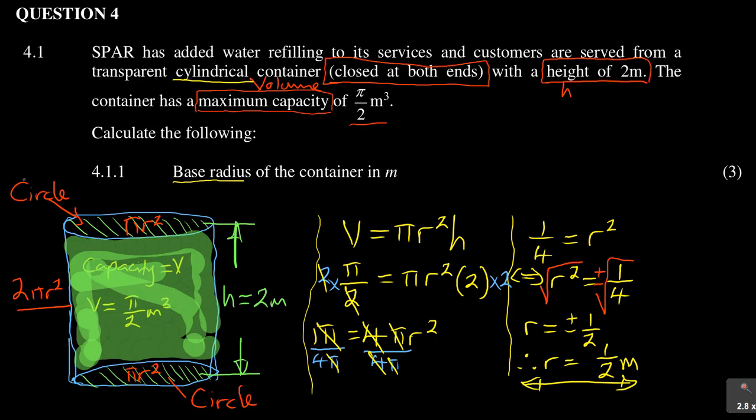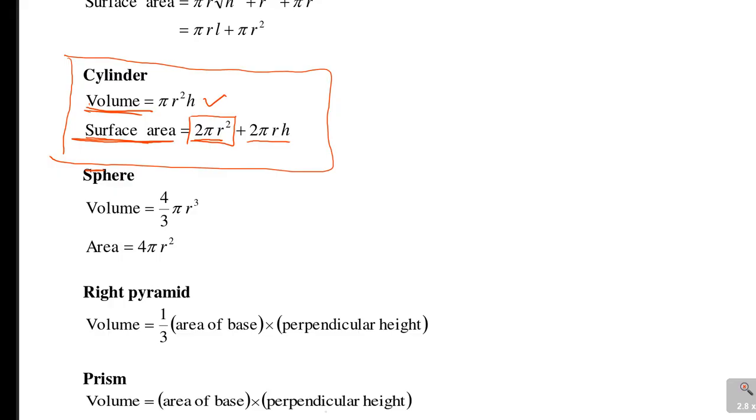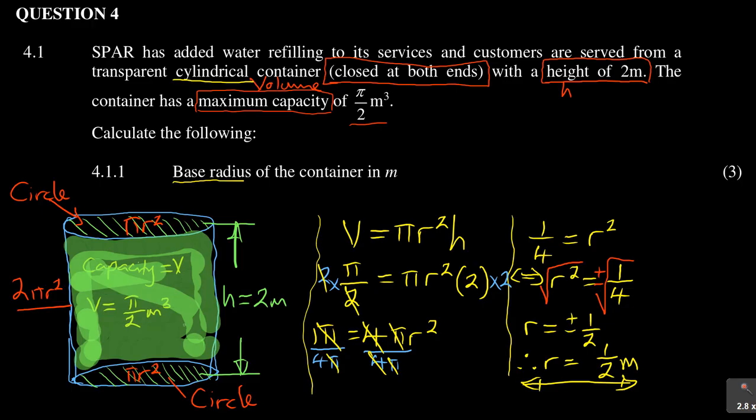Now this side is the one where they use the formula 2 pi rh. So this is that particular formula here, which is 2 pi rh.